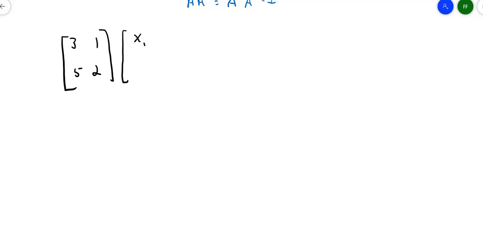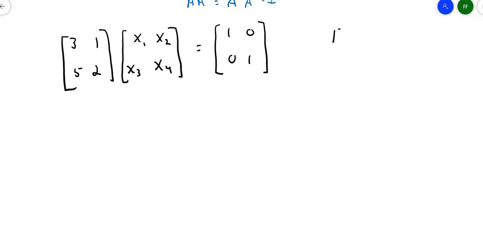So I'm going to call them x sub 1, x sub 2, x sub 3, x sub 4. And I know if I multiply those two matrices together, I'll get the identity matrix. Okay, so I'm using matrix A to find A inverse. And if I look at it this way, this is A inverse, and this is the identity matrix.